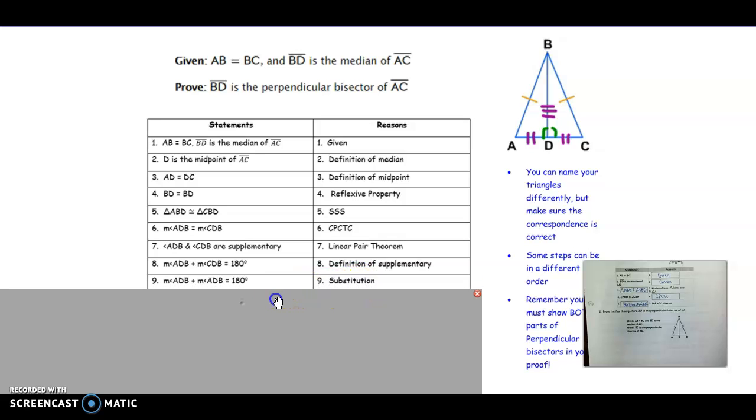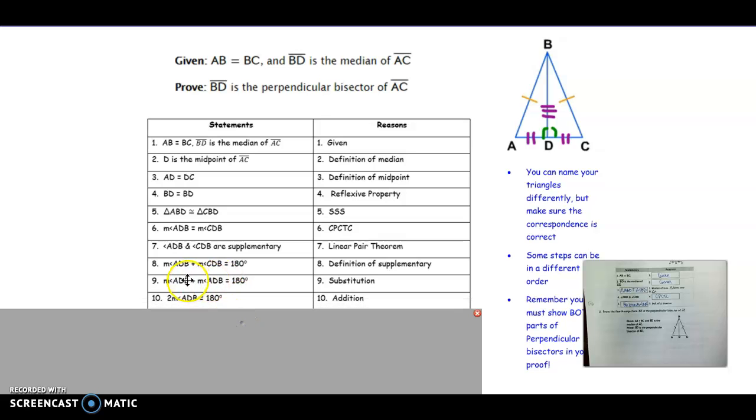So now, since we already know those 2 angles are equal, I'm going to use substitution to replace the measure of angle CDB with the measure of angle ADB, because they're equal. So I did substitution since they were equal, replacing one with the other. Now I can do some simplifying there and add those because they're like terms.